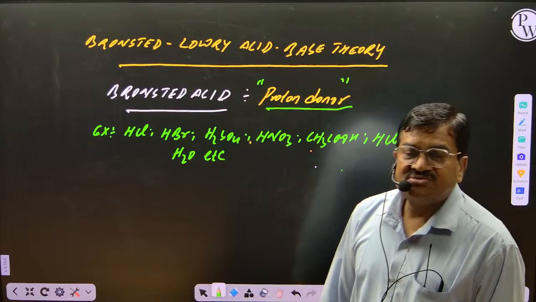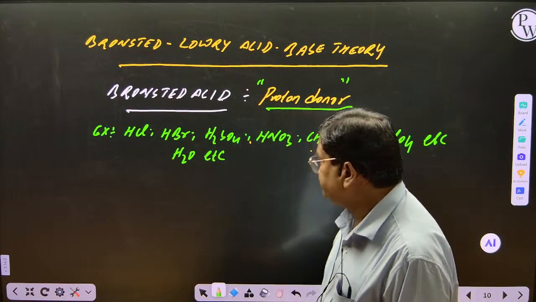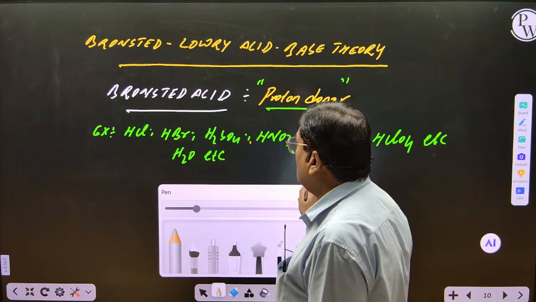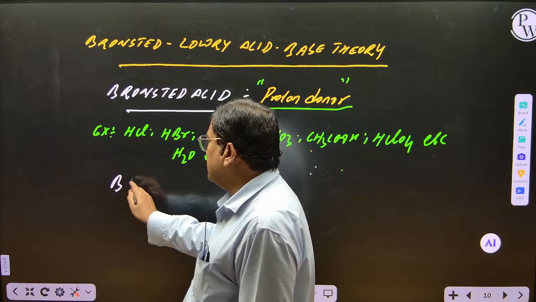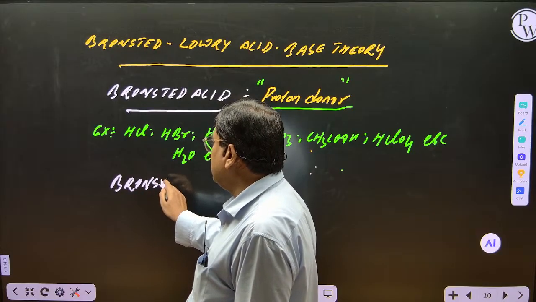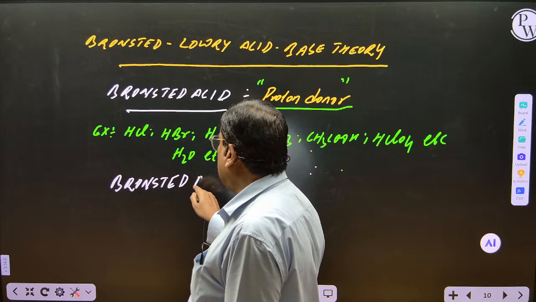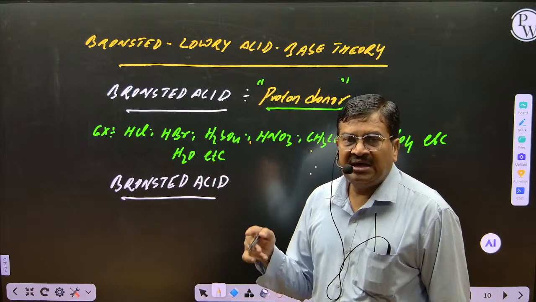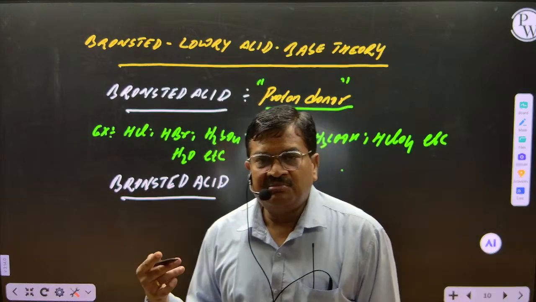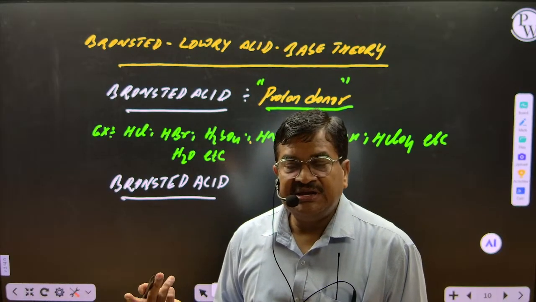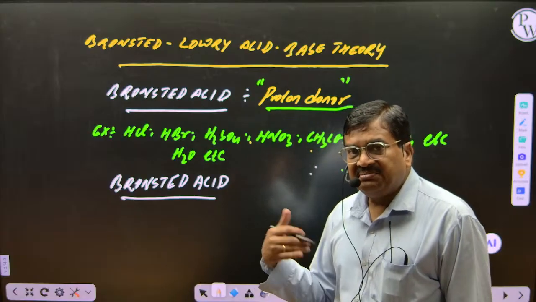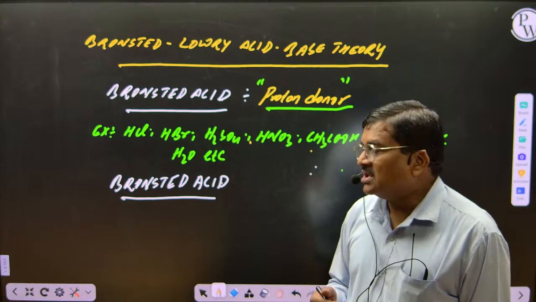Next we have to discuss what is Bronsted base. So write Bronsted base. In one word, what do we say for Bronsted base? Proton acceptor. Correlate with Arrhenius theory, where we wrote base means the one that donates OH minus. Here, proton acceptor, the one that accepts a proton.